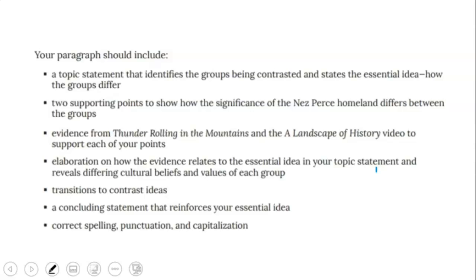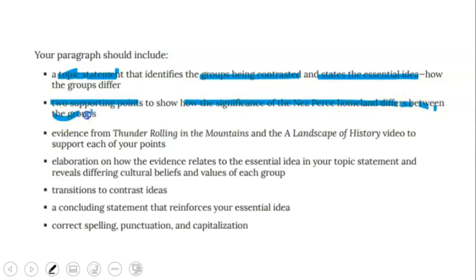Okay, so remember your paragraph should include a topic statement that identifies the groups being contrasted and states the essential idea, how the groups differ. Then two supporting points to show how the significance of the Nez Perce homeland differs between the groups.